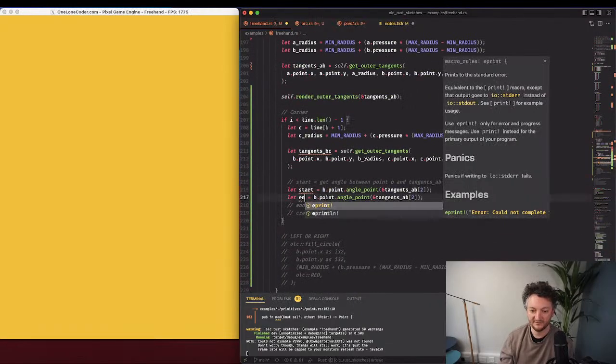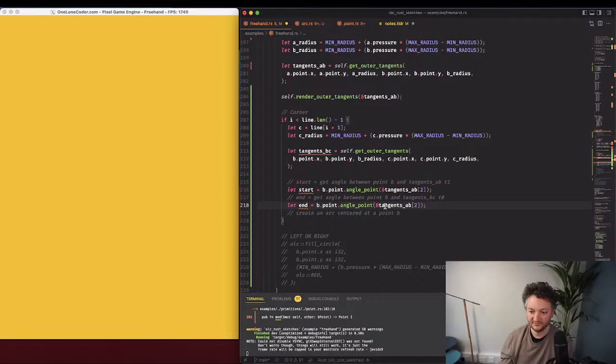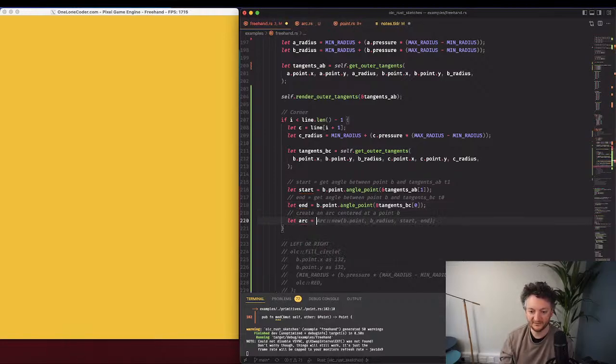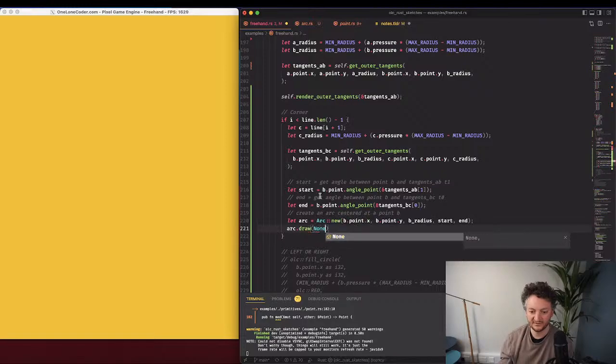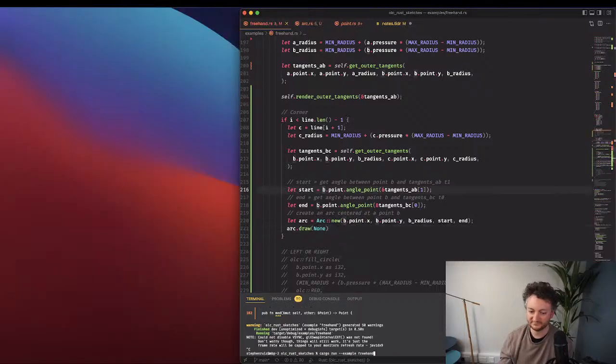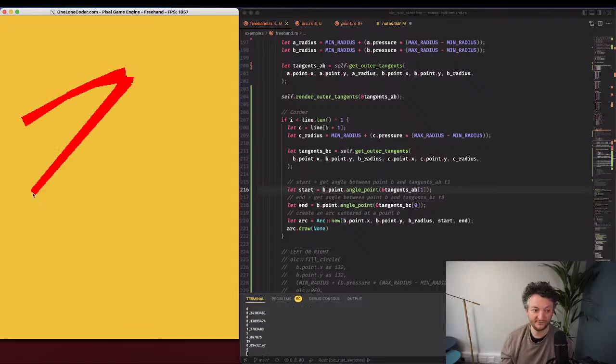And then the end is going to be this, but instead it's going to be, no, it is 1. And this is 0. Right. Then let arc equals arc.new, beta point, beta radius, start and end, and arc.draw, let's say none. Let's see if that works.